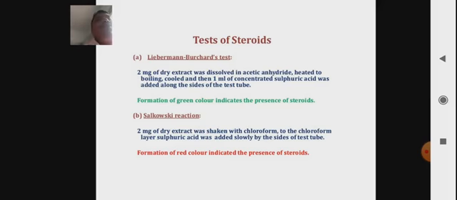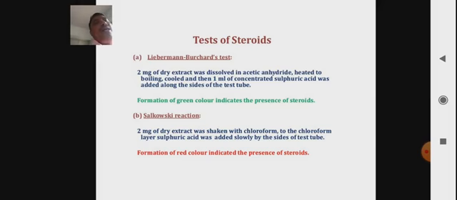Tests for steroids: the Liebermann-Burchard reaction and the Salkowski reaction. Mainly these two tests are used to identify steroids. In the Liebermann-Burchard test, plant extracts are dissolved in acetic anhydride, then 1 ml of concentrated H2SO4 is added along the sides of the test tube.